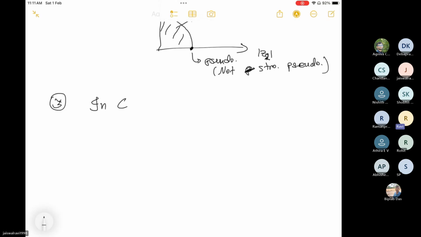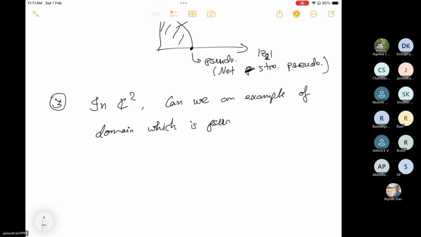So in C2, can we give an example of a domain which is pseudoconvex but not convex?